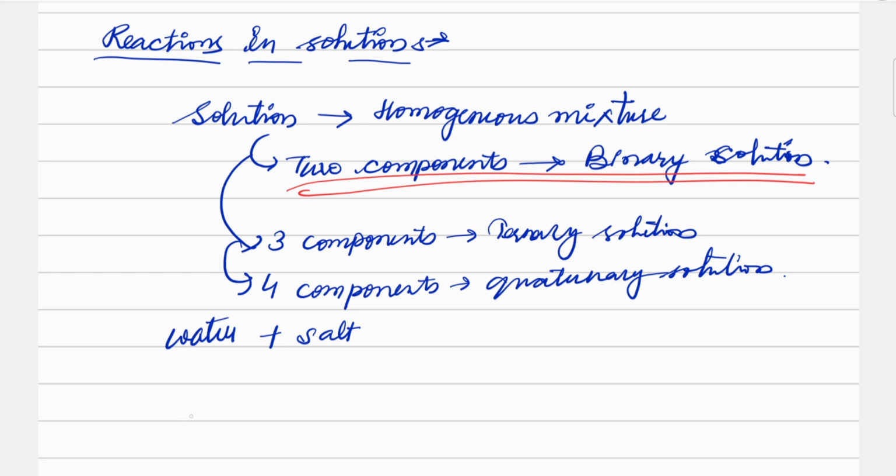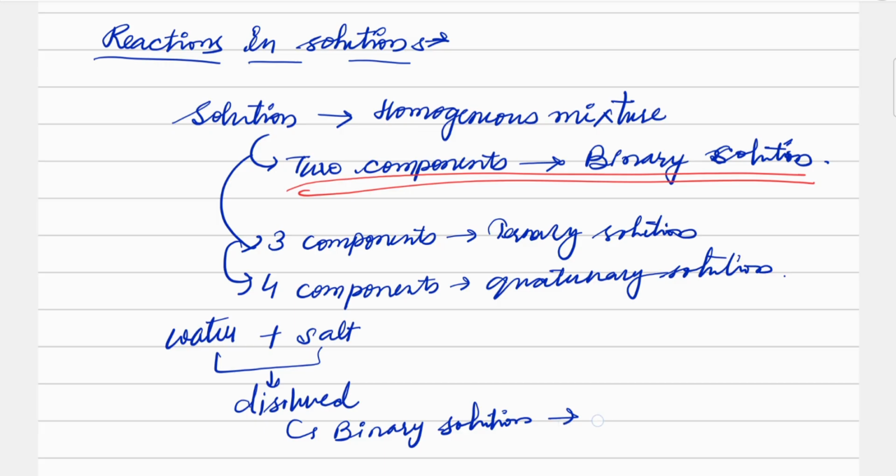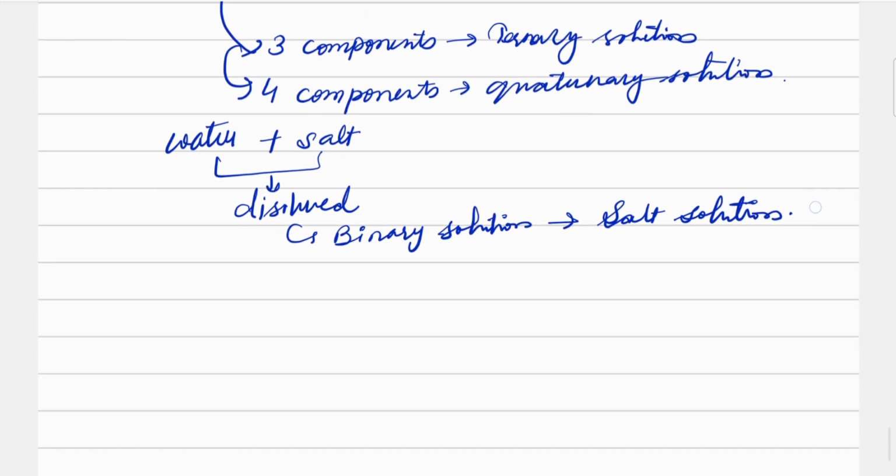The salt gets dissolved in water, and a binary solution is formed, which is known as salt solution. So this is the first binary solution.